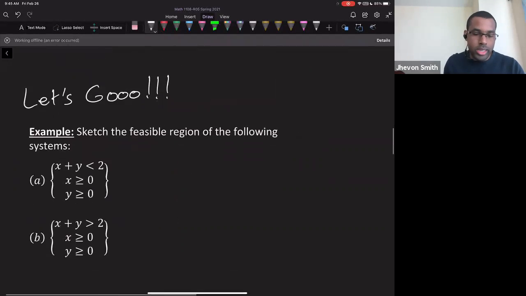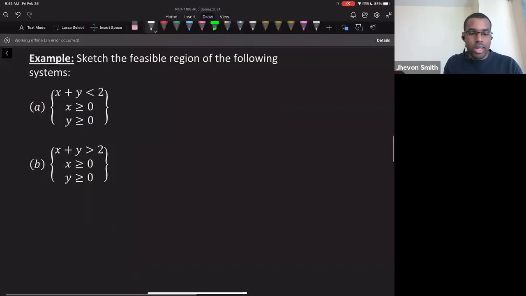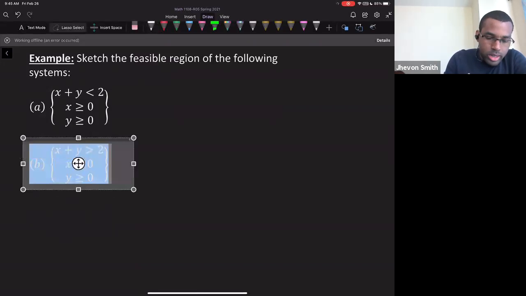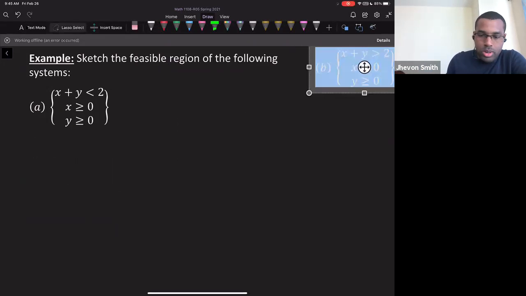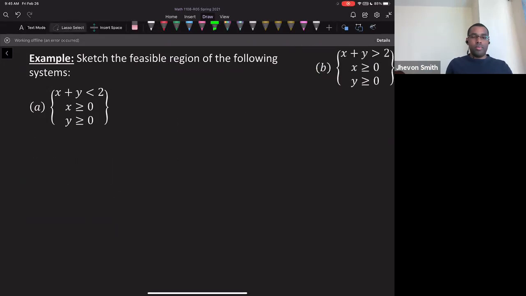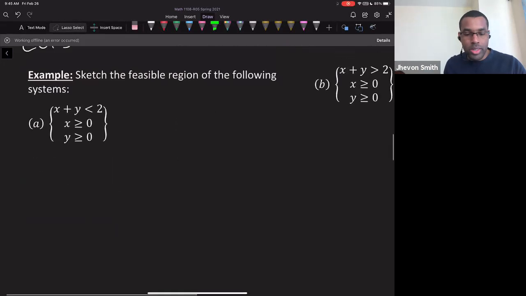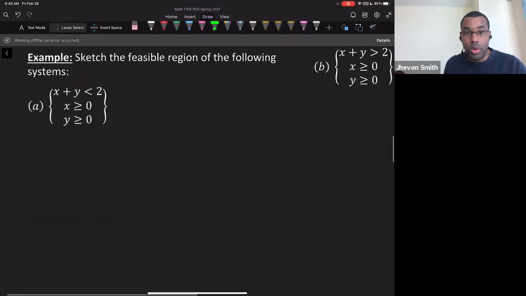All right, so we're going to do the examples I had you try last time. Hopefully you did try them, but let's actually discuss them. Here is a possible system that you might have to deal with, and we want to sketch the feasible region for this system.